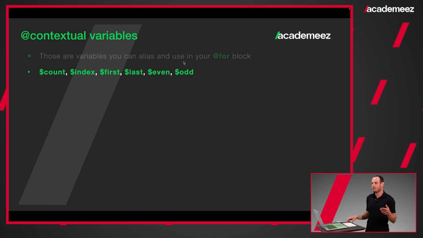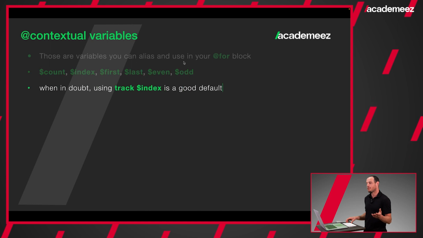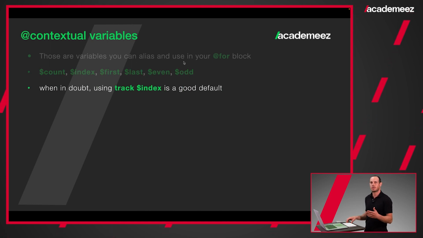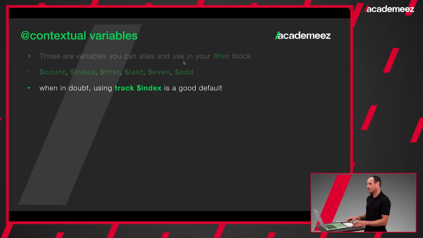You can ask if the item is the first item or the last item, which are booleans, and will return true or false. You can ask if an item is even or odd, which will also be true or false, depending on if the index is even or odd. So you can ask for the contextual variables in both the new syntax and the old syntax. I just wanted to show how you access these variables in the new syntax.